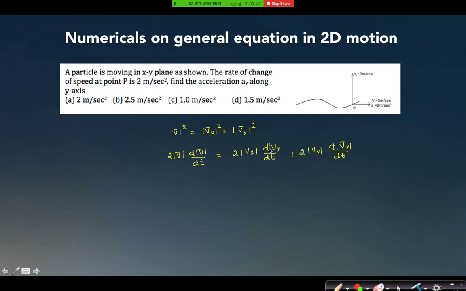Look, if you are putting modular sign in case of vx and vy, are they same as acceleration, or are they also the rate of change of speed?